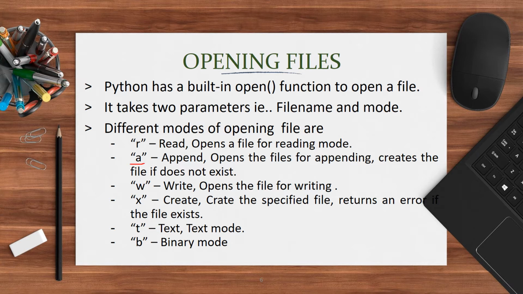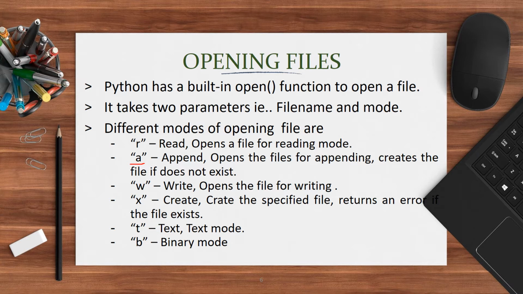A means append, it opens the file for appending and creates the file if it does not exist. W means it opens the file in writing mode, and if the file exists, it overwrites the existing file, otherwise it creates a new file.